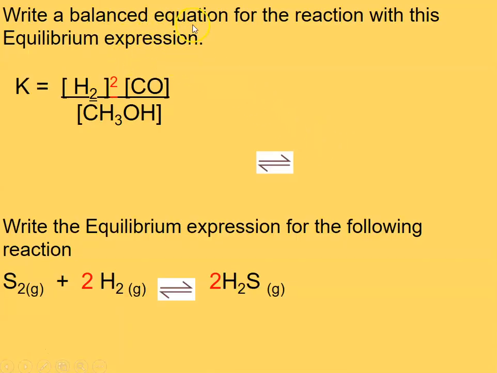Now, write a balanced equation for the reaction which has this equilibrium expression. Pause it and have a go. We did this in class, see if you can remember how to do it. Remember that it's an equilibrium. On the exam, you would lose marks if you wrote an arrow going in the forward direction only, rather than an equilibrium arrow forward and back.